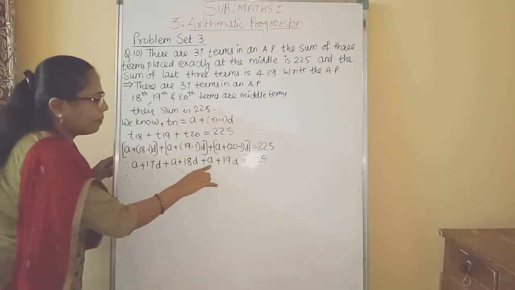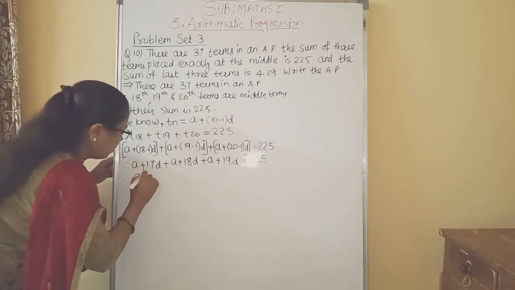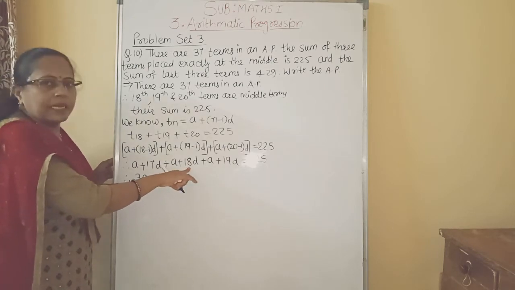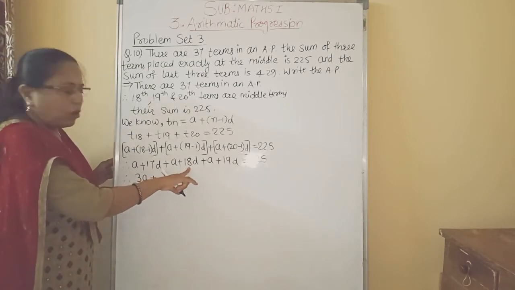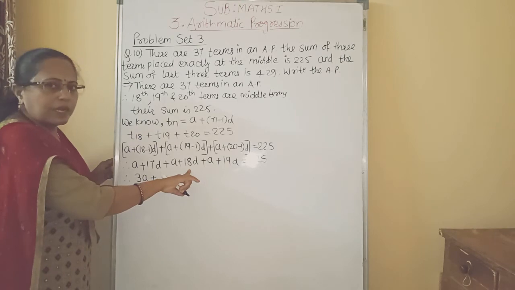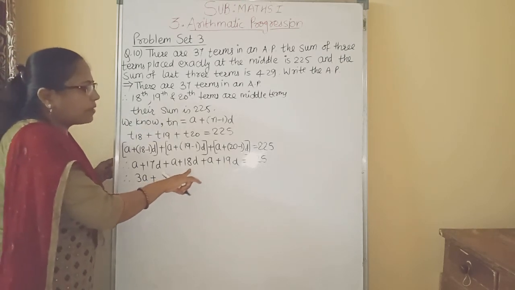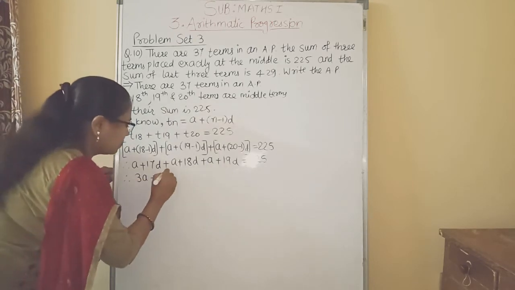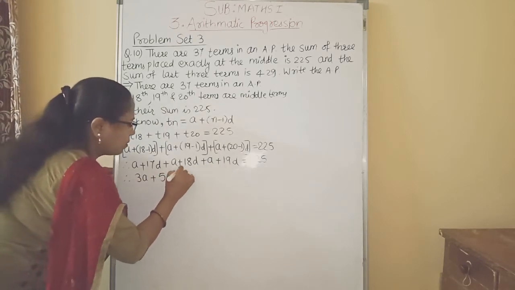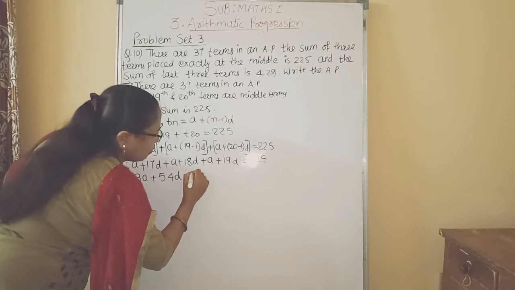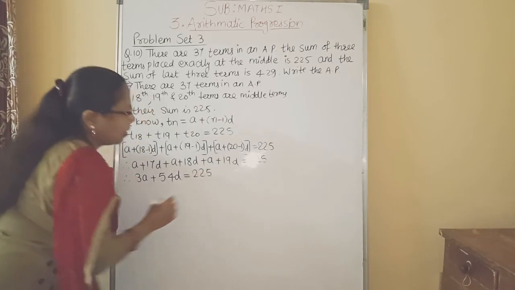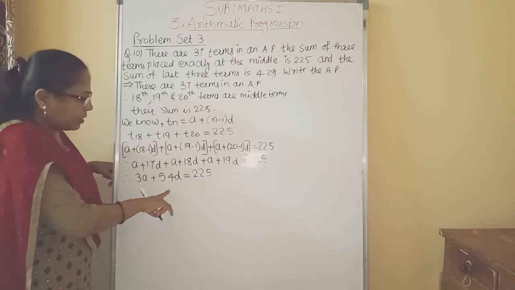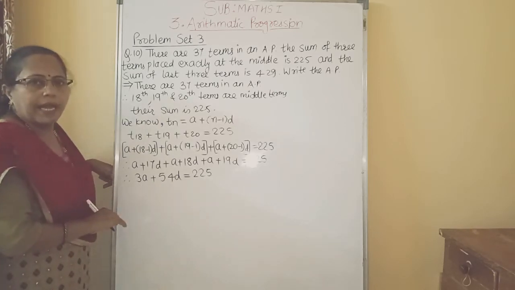A plus A plus A is equal to 3A. Now 17D plus 18D is equal to how much? 35D. 35D plus 19D is equal to 54D, equal to 225.